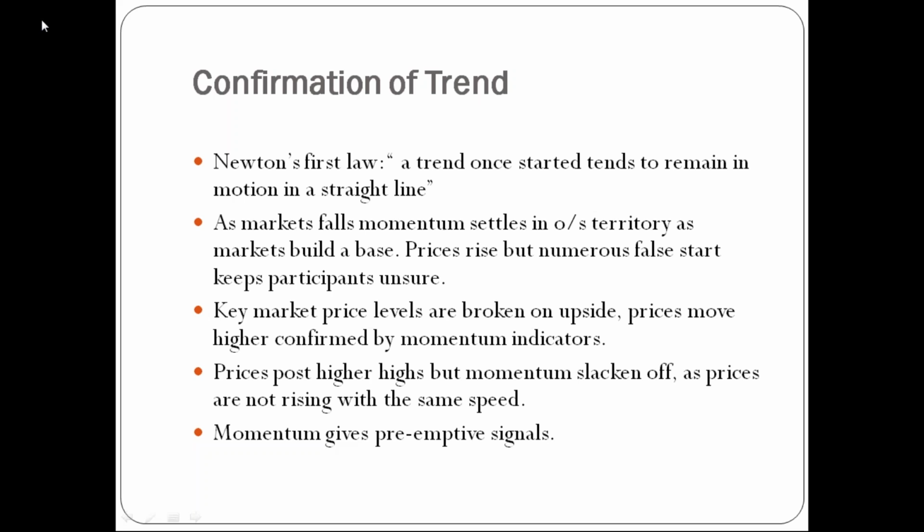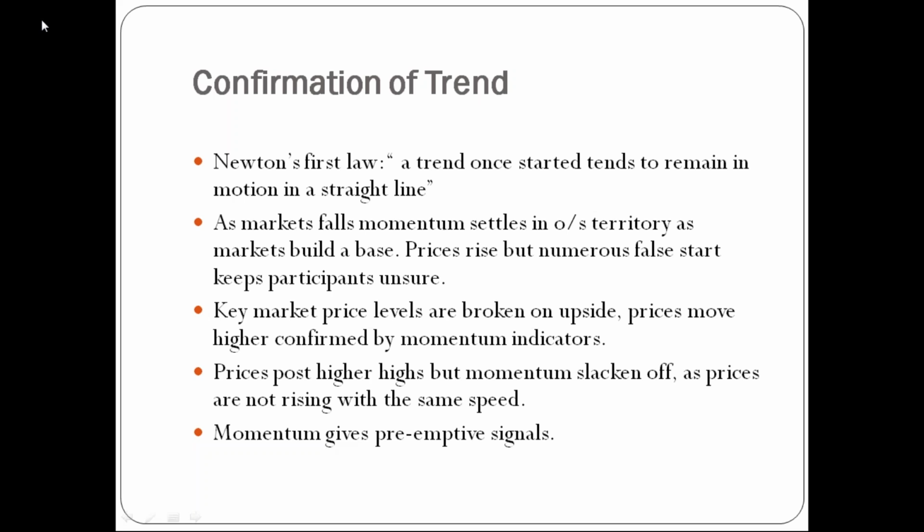As the market falls, the momentum settles in the oversold territory. As the market builds a base and prices rise, numerous false signals keep participants unsure. It means that after the market has fallen and keeps falling and makes a base, the momentum indicator remains in the oversold territory for some time.